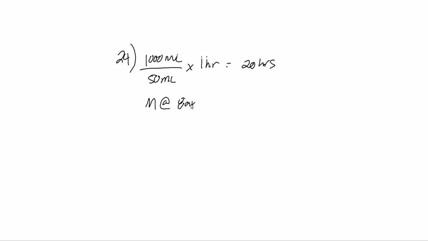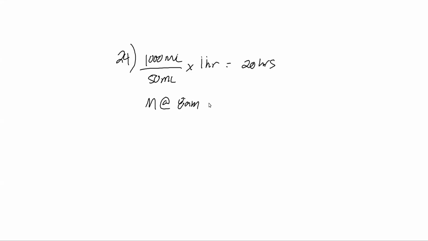But first we need to figure out how long it's going to take. If I have 1,000 milliliters and they're infusing at 50 milliliters per hour, that's going to be 20 hours. So 20 hours is going to go by. If we start Monday at 8 a.m., we want to know when it's going to stop.